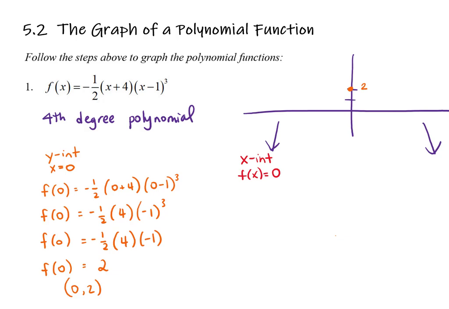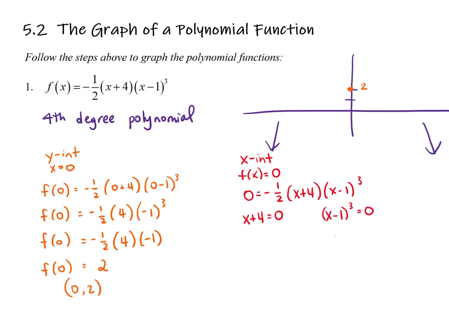Now to find the x-intercepts, I'm going to take f of x and set it equal to 0. So I'm going to get 0 is equal to -1/2 times (x plus 4) times (x minus 1) cubed. And now I need to put each factor equal to 0, but only the factors that have variables, because it makes no sense to say -1/2 is equal to 0. So we're just going to take the factors x plus 4 is equal to 0, and the other factor (x minus 1) cubed is equal to 0.